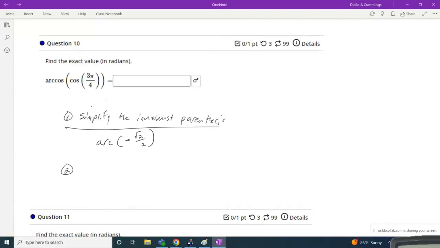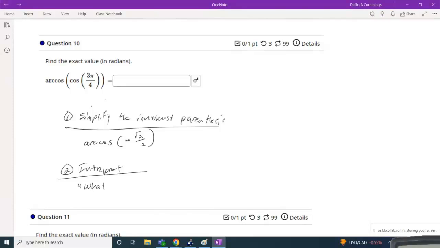Now, how can we find the, and let me just write this out the right way. How can we find the arc cosine of negative square root of 2 over 2? Well, we can interpret it, right?